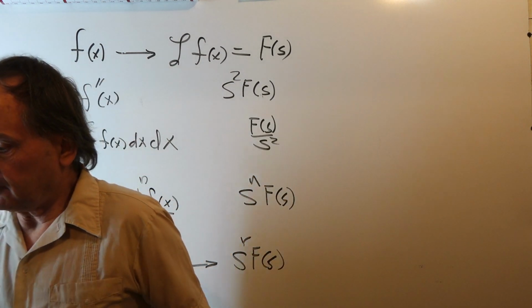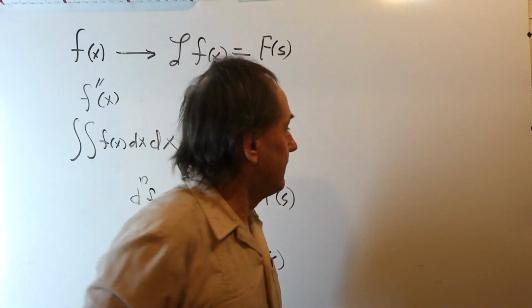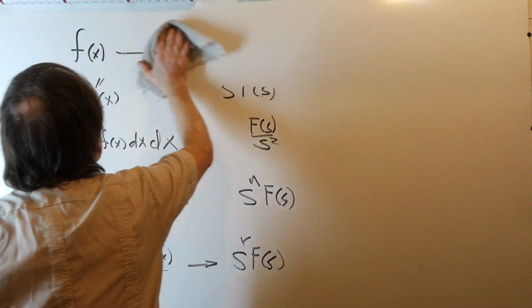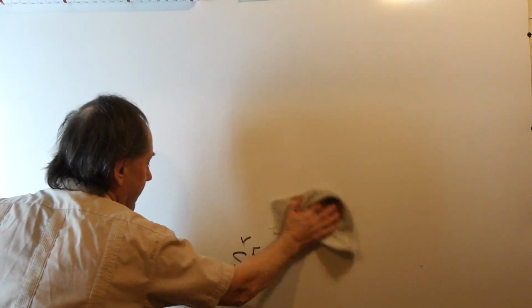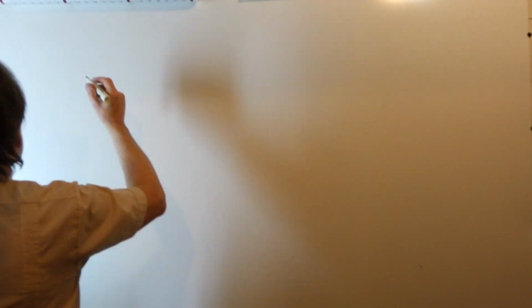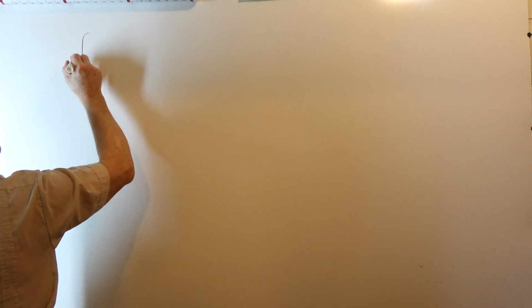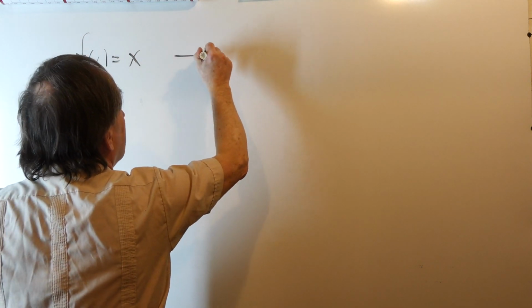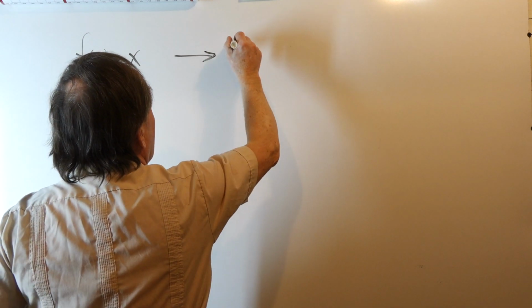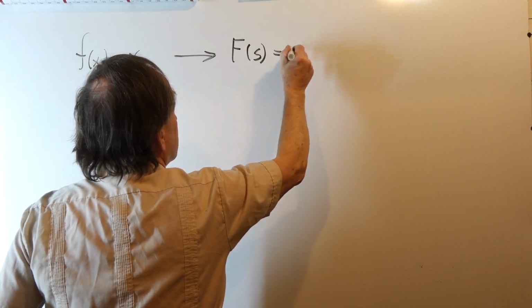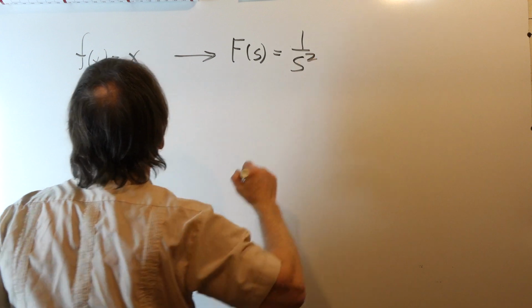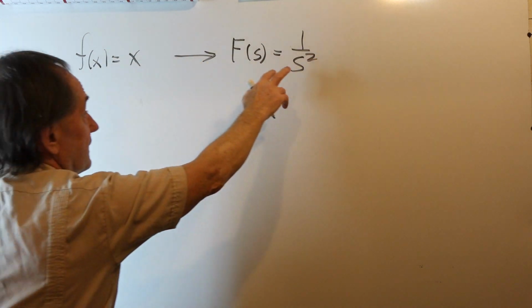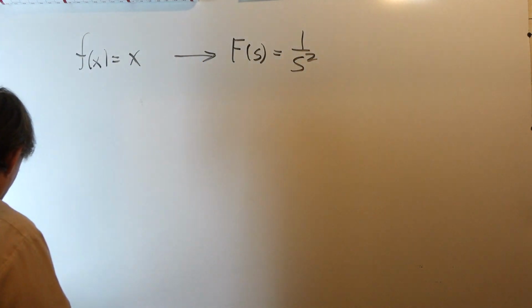Now, let's take a little look here. For example, suppose I have f of x equal to x. Now when I go into the Laplace space, f of s just becomes 1 over s squared. x in the Laplace space is 1 over s squared.